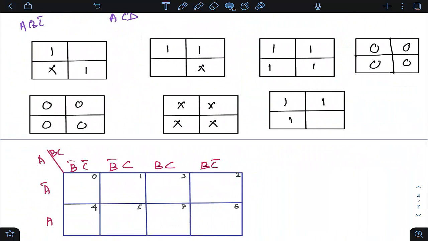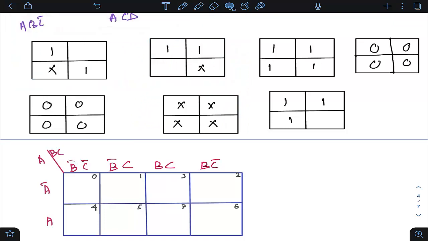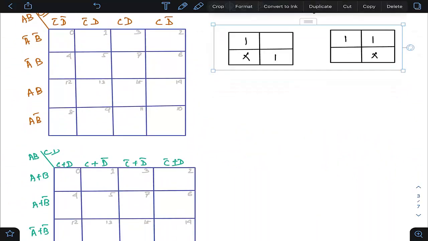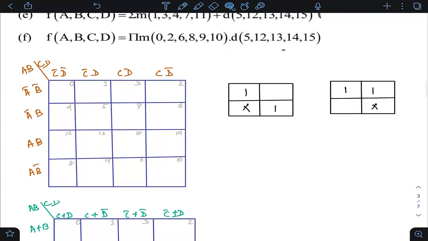I'll take these two. Okay. First, let us start with this two variable map.